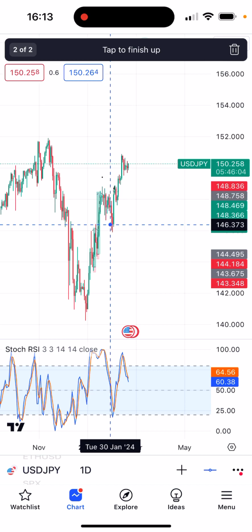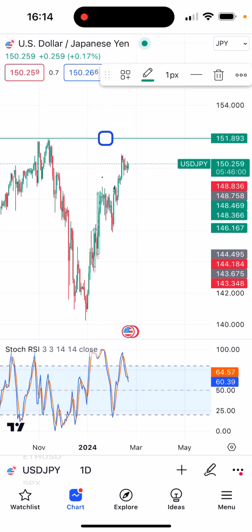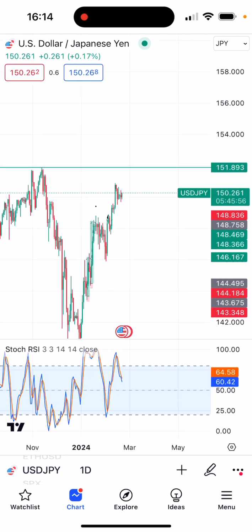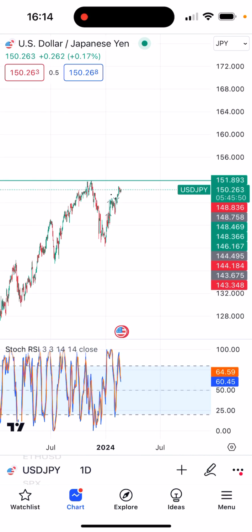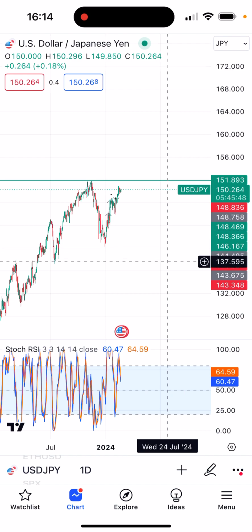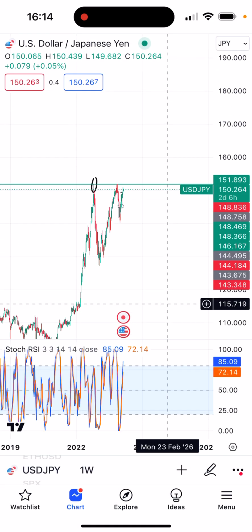Once it reaches the level of 151893, for example, if it doesn't break through, then you're thinking about selling this pair, going all the way down here, potentially down here, down here. Even a weekly time frame will give you a better key level.